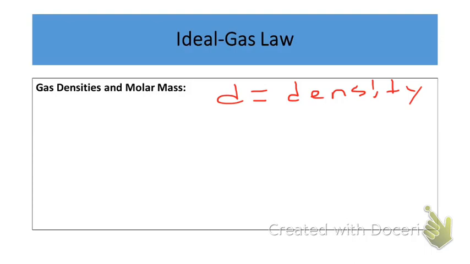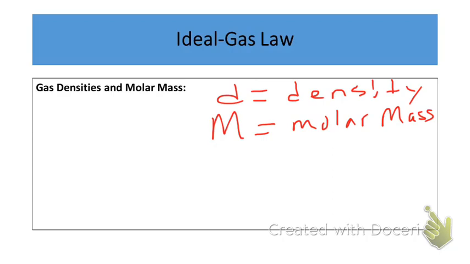And molar mass, we're going to use capital M to represent the molar mass. And you remember that the molar mass is the number of grams that is equivalent to 1 mole. We used that molar mass idea when we talked about the mole relationship.